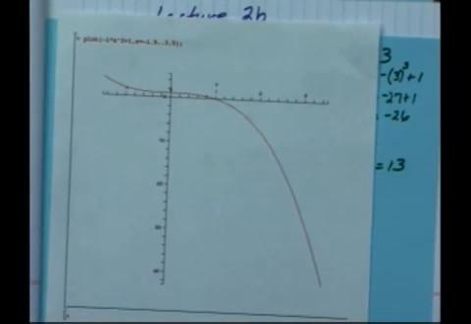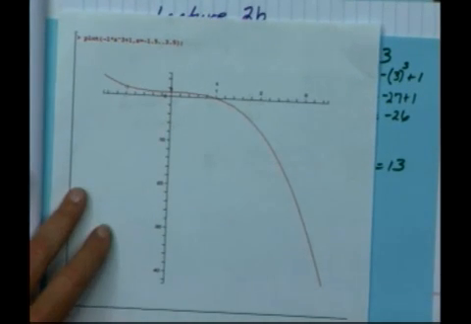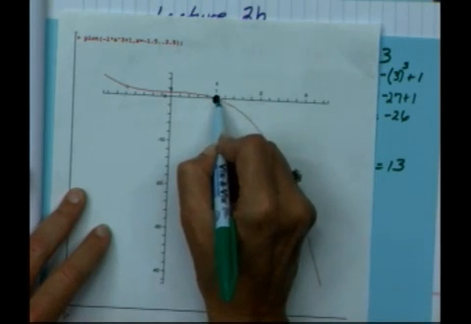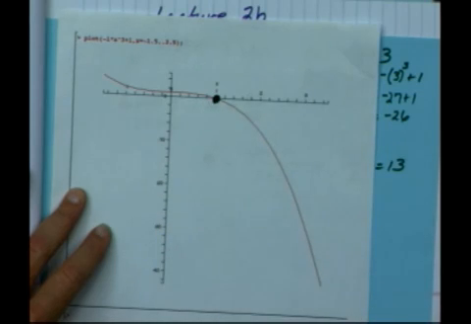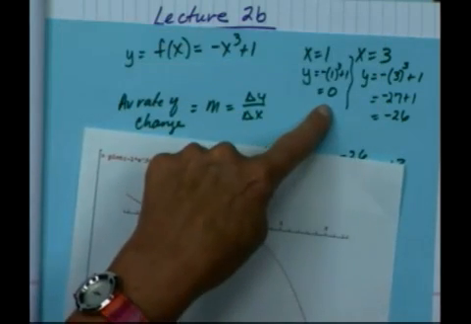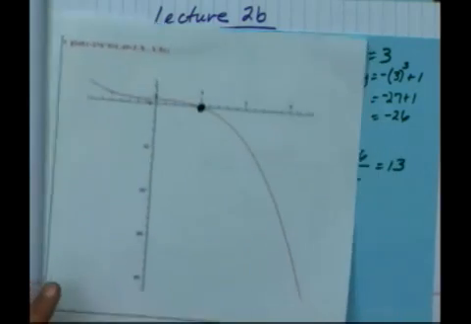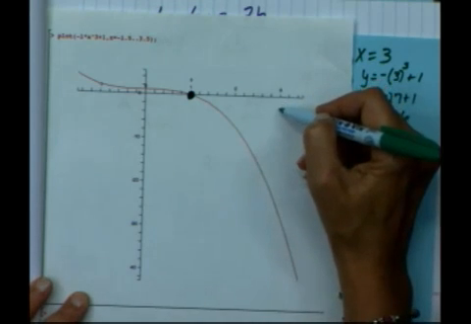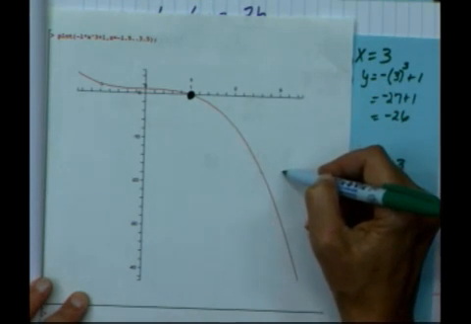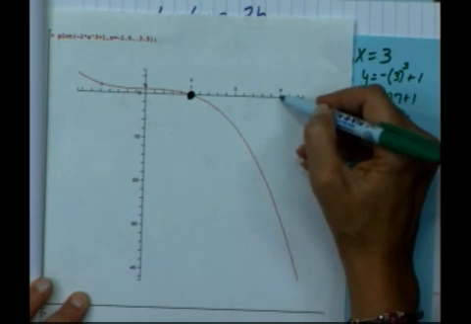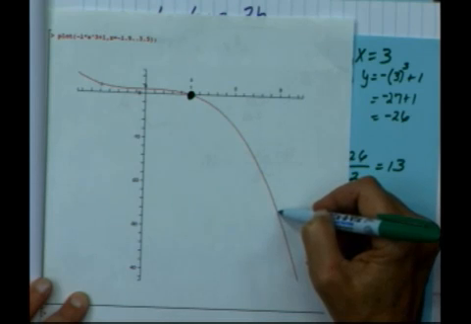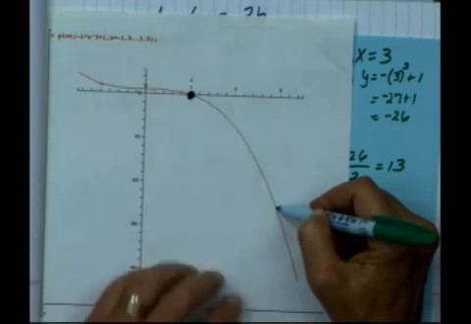All right, I drew the picture for you on Maple just so you can see what it looks like. And when x is equal to 1, here's the y value right here. And you'd already figured out that that was at 0. And when x is equal to 3, it looks like somewhere right here.